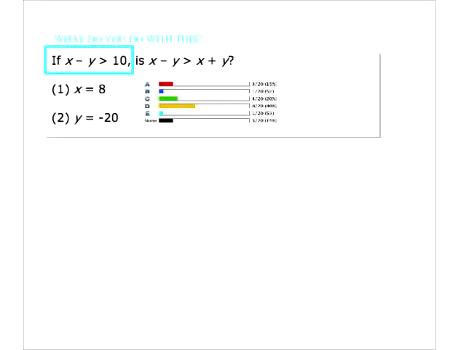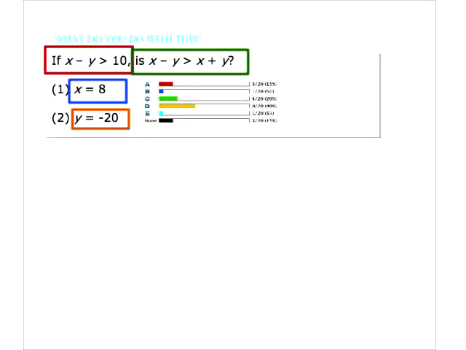And we'll use the same color code. So this will be the red part. And then this is the blue statement. And this is the orange statement. And this is the green question. So if you see this kind of thing, you should rearrange it on your paper. As typed in the text box, how much of this is really the question?